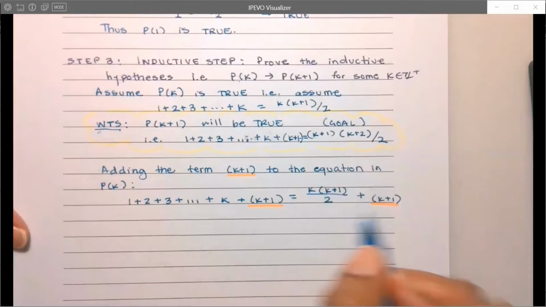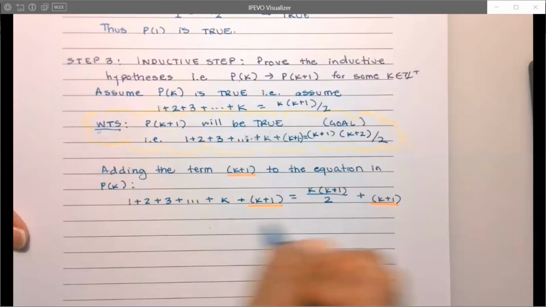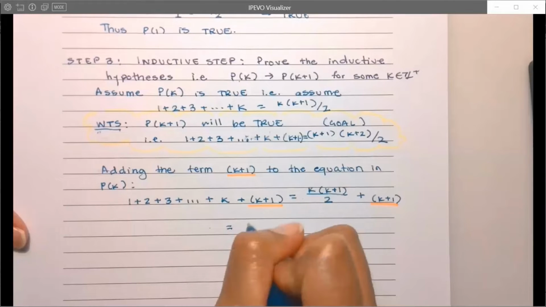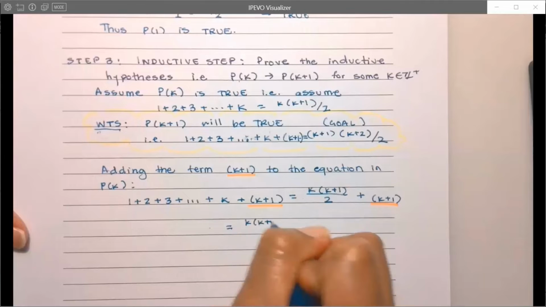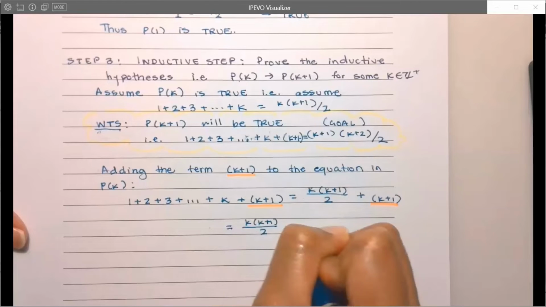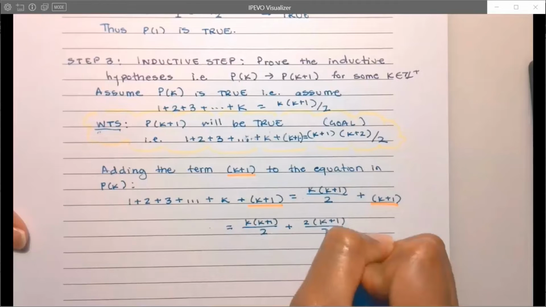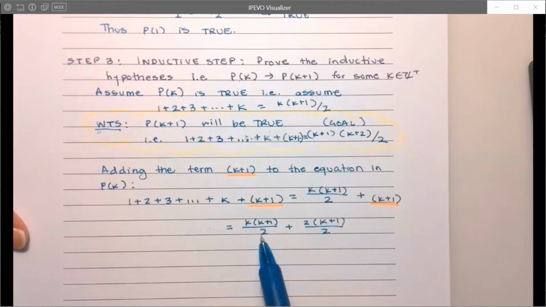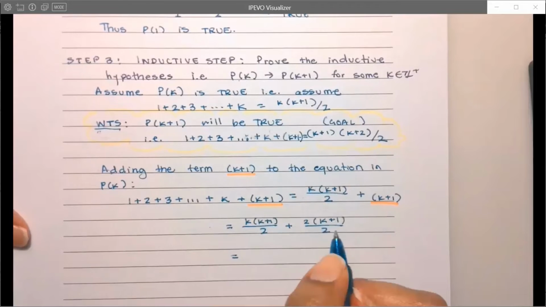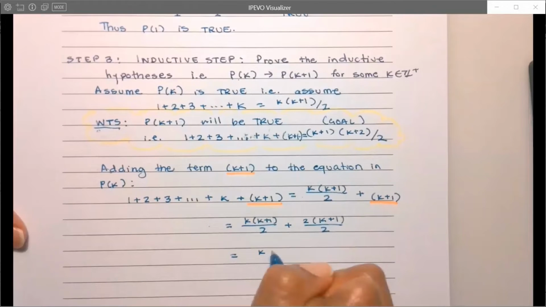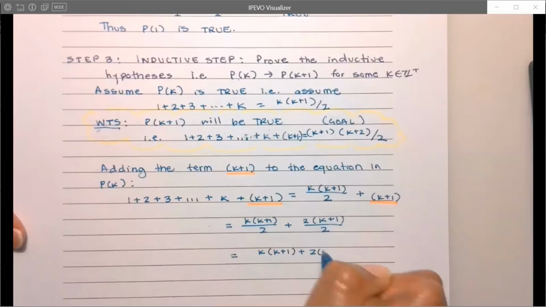So this is equal to k times k plus 1 over 2 plus 2 times k plus 1 over 2. Then when we have the same denominator, we can go ahead and add across the numerators. So that's going to bring us to k times k plus 1 plus 2 times k plus 1 all over 2.